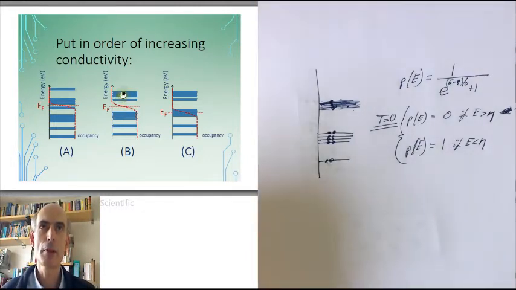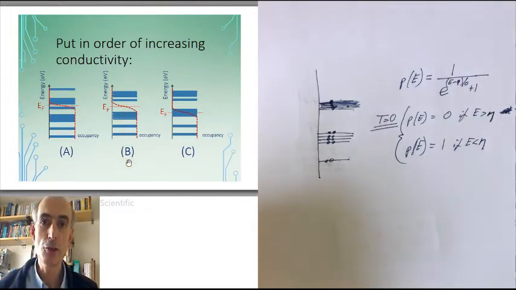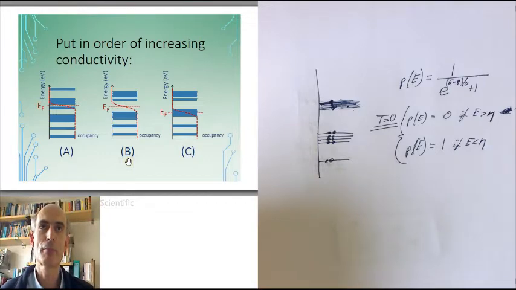Up here, there are a lot of possible states which are empty, but there are no electrons with that amount of energy to move into them. So electrons cannot move up here in these states, and they cannot move down here in these states, so this material is going to be an insulator. It's not going to be able to conduct electricity.